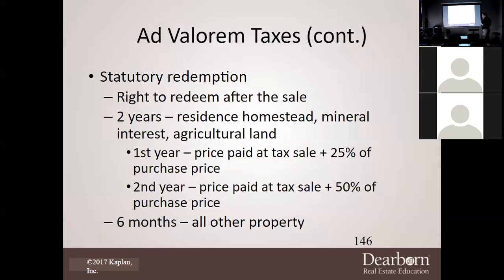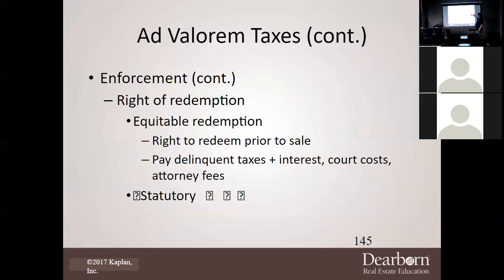Eugene, at your sale, it ends up we sell your property at the tax sale and I buy it, and it's your residential home. Well, guess what ends up happening, Mr. Eugene? I can't kick you out, because in this situation you have a 2-year right of redemption. But this is only statutory, not equitable. There are 2 different types.